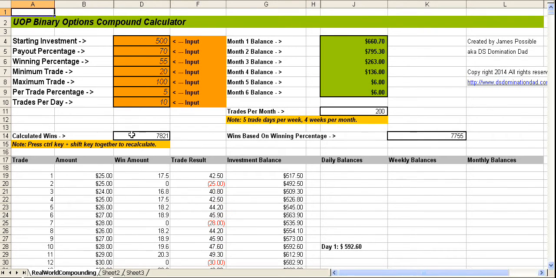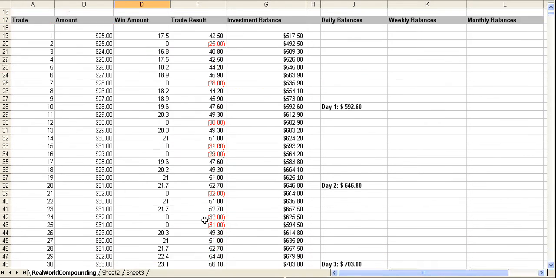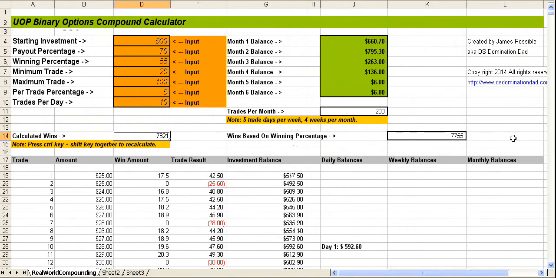And here's the really interesting thing. The number of wins you should approximately have at 55% are 7,755. In this calculated scenario, the reason these numbers are so good is because it's showing above 55%, because you have over 7,800 wins calculated in the 14,000 transactions below.